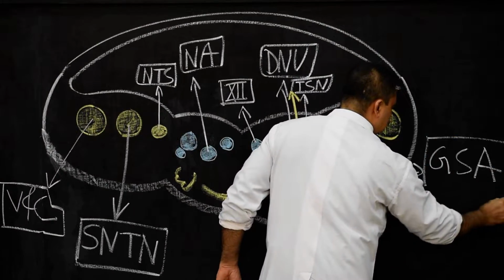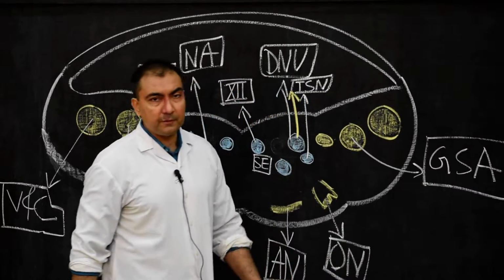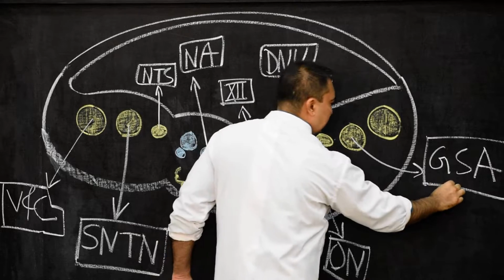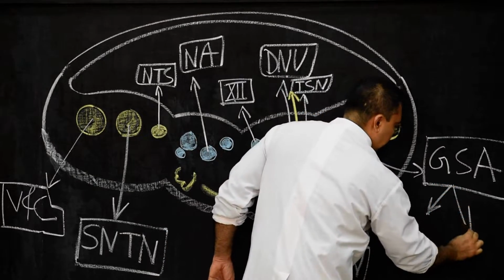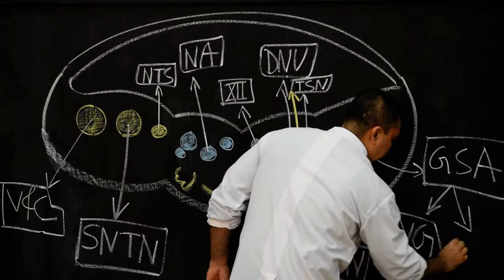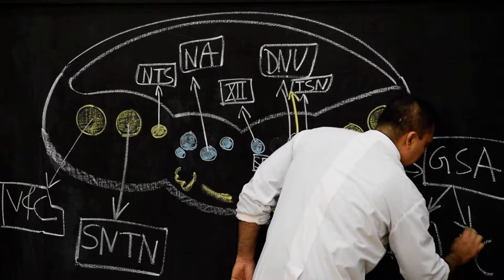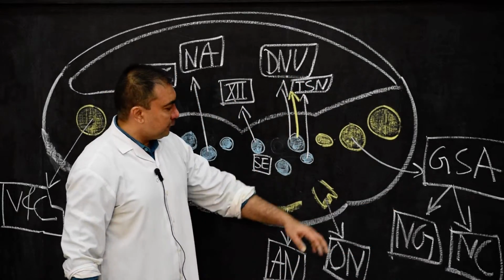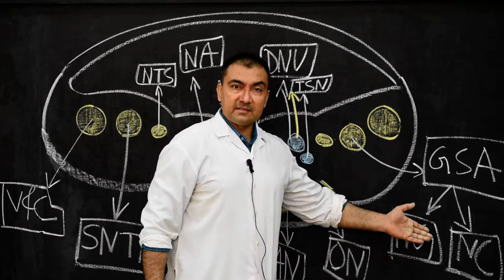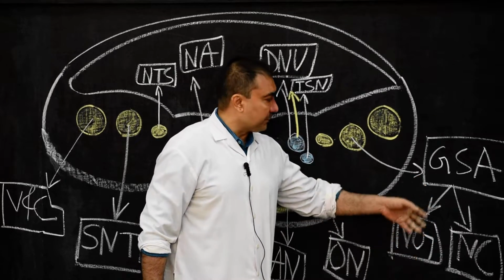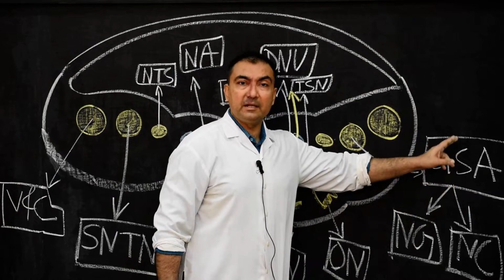So the general somatic afferent functional group of nuclei in the myelencephalon will lead to the development of nucleus gracilis and nucleus cuneatus. Sometimes this is asked as one more question and answer also. Nucleus gracilis and cuneatus will develop from general somatic afferent.